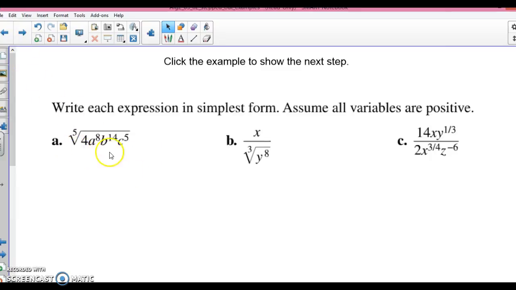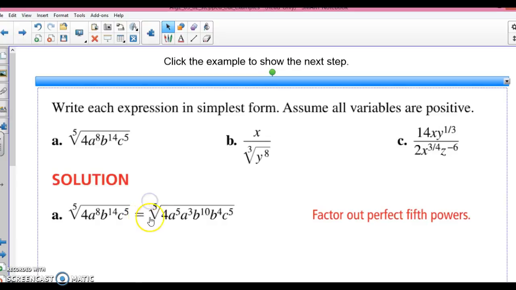So again, I'm looking at a bunch of different values underneath my radical sign. So I want to just simplify it as much as I can, and I want to look at one thing at a time. So for A, I factor out my perfect fifths, and I can do that. I can't do anything with the 4 because I can't multiply anything times itself 5 times to get 4, so I just leave that alone.